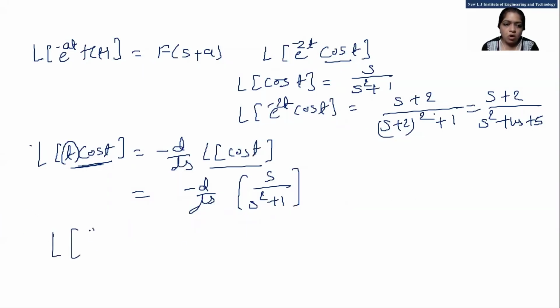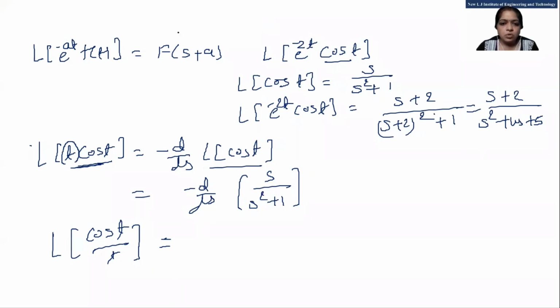Similarly, Laplace of cos t upon t, then what to do? Again we write the Laplace of cos t, and upon t is there. So what to do? Yes, integration. But what are the limits of the integration?